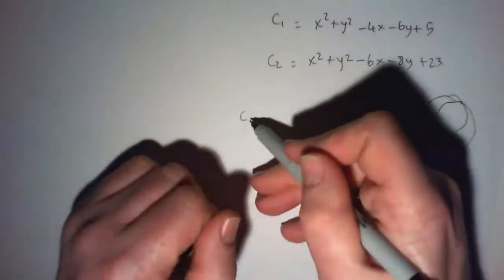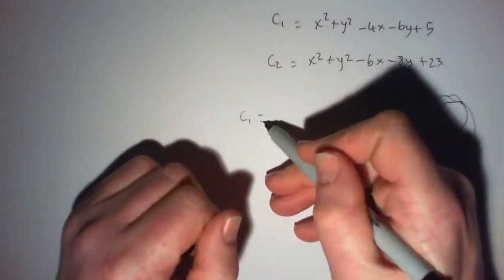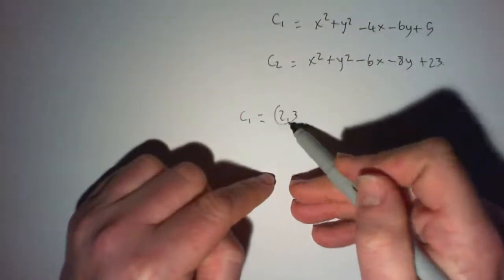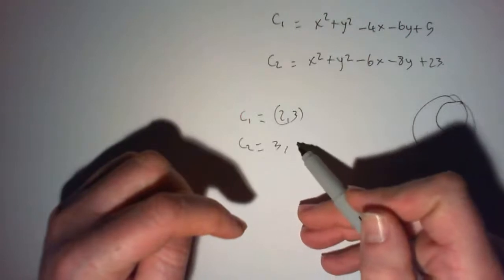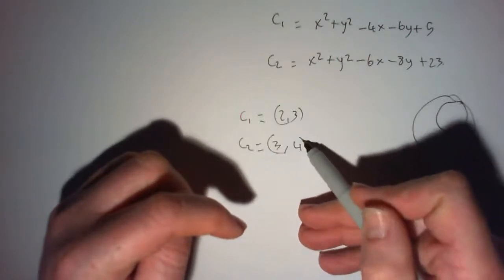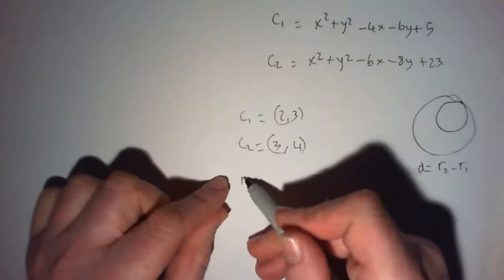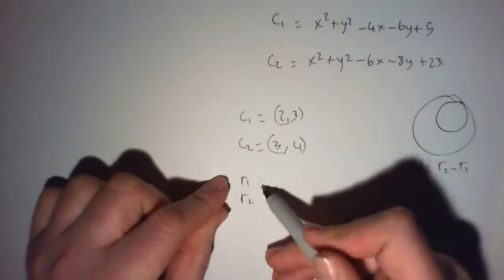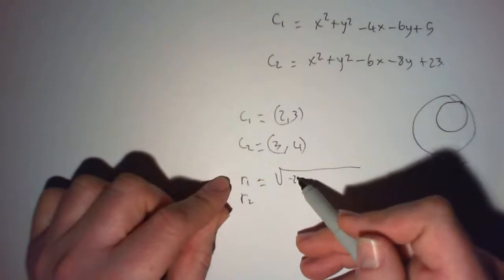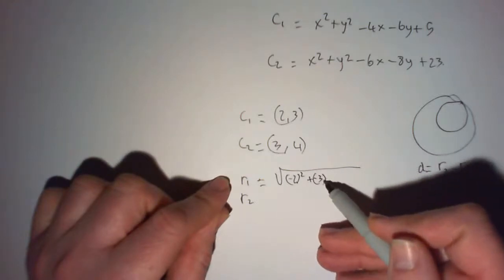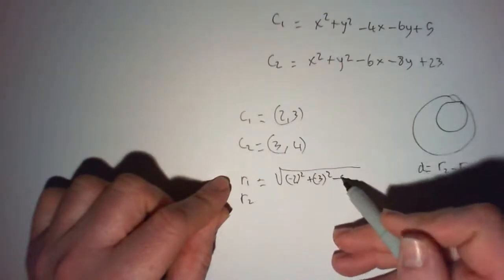So same thing again. Let's get the centers. The center of 1 is going to be (2, 3). The center of 2 is going to be (3, 4). And the radius of 1 and the radius of 2. Radius of 1 is going to be the square root of minus 2 squared plus minus 3 squared minus 5.